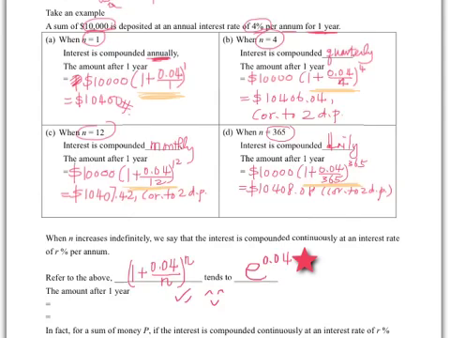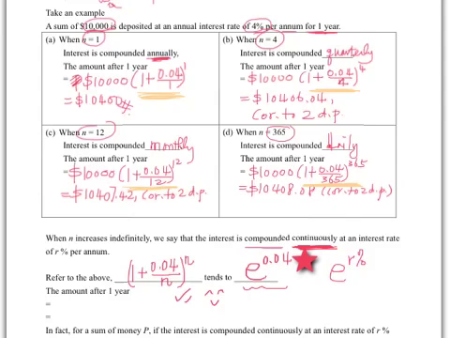Amazing, right? So now even when the interest is compounded continuously, that means you have a very big n. In that case, the value of this part will be e to the power 0.04, that means e to the interest rate.